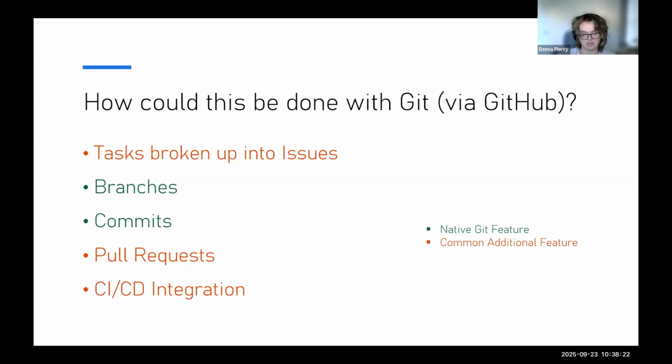And CI/CD integration. So this is continuous integration and continuous deployment. These are tools that often happen during the commit phase or during the merge phase of a branch. So these will be things like running code linters, if you've heard of those, which are essentially just cleaning up your code base, automated testing for certain projects, and building certain projects or artifacts.